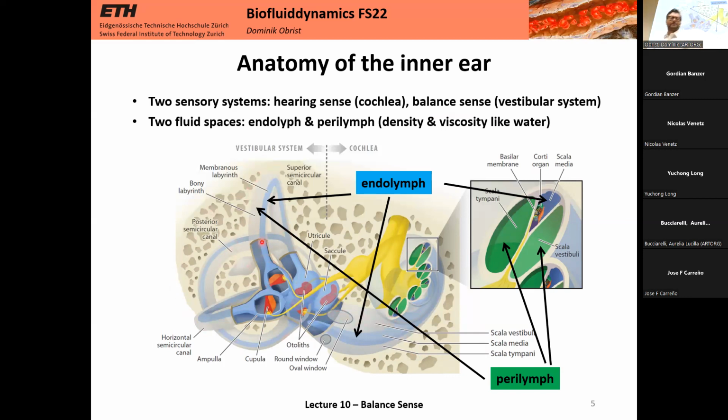And we see that the semicircular canals are canals which are primarily filled with perilymph, but inside this canal, there's a second canal, a membranous canal, so a thin membrane. And within this membranous tubular duct is endolymph. So we have again the two fluids.